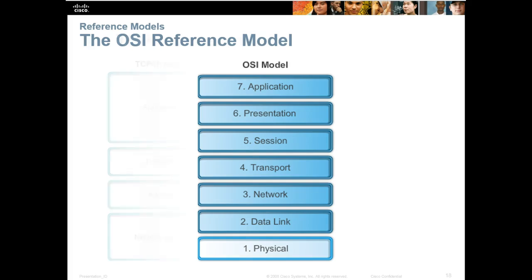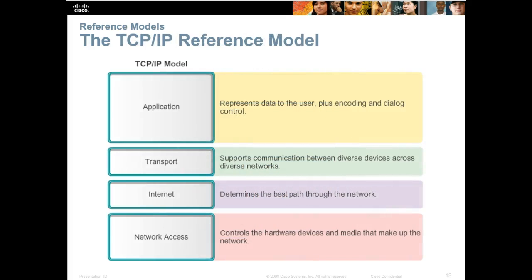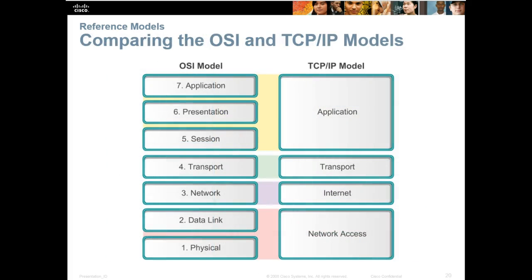So the physical layer is where the hardware devices and media that make up the network are. So your Wi-Fi, the signaling, the cable, the fiber, that's at the physical layer. And then we have the data link layer. The data link layer is where the physical signals interact with the logical of the network addressing.